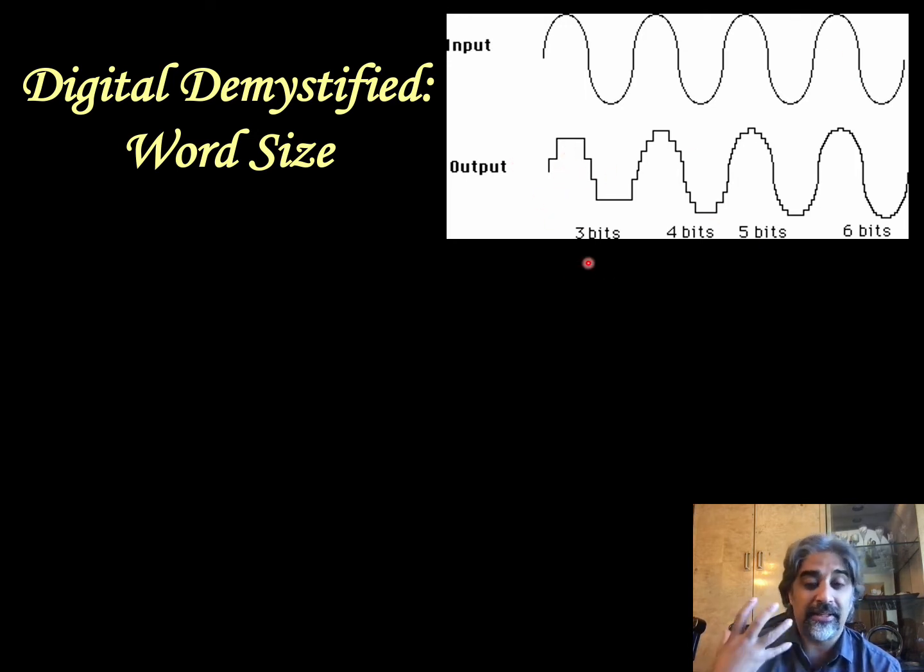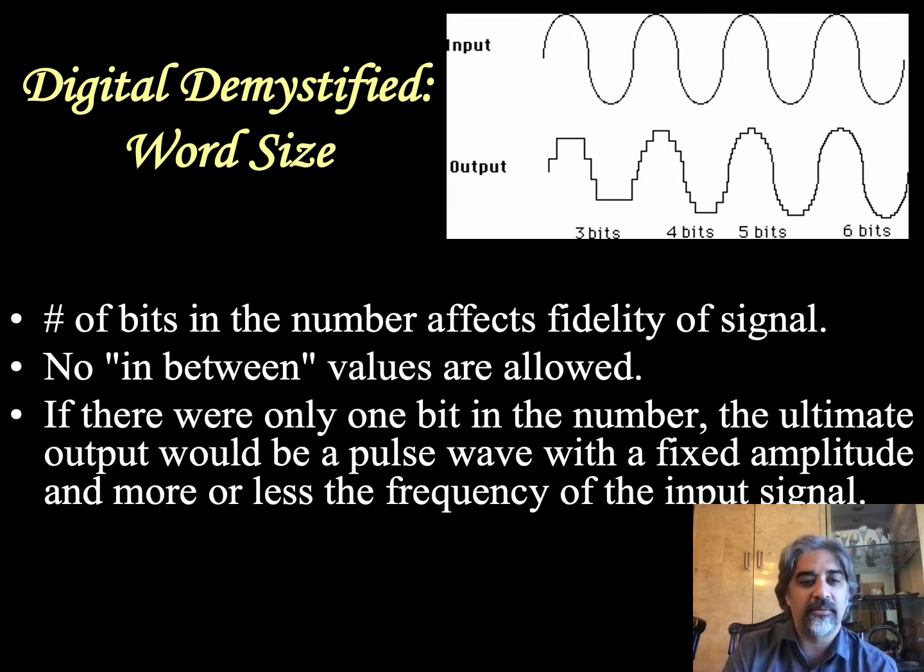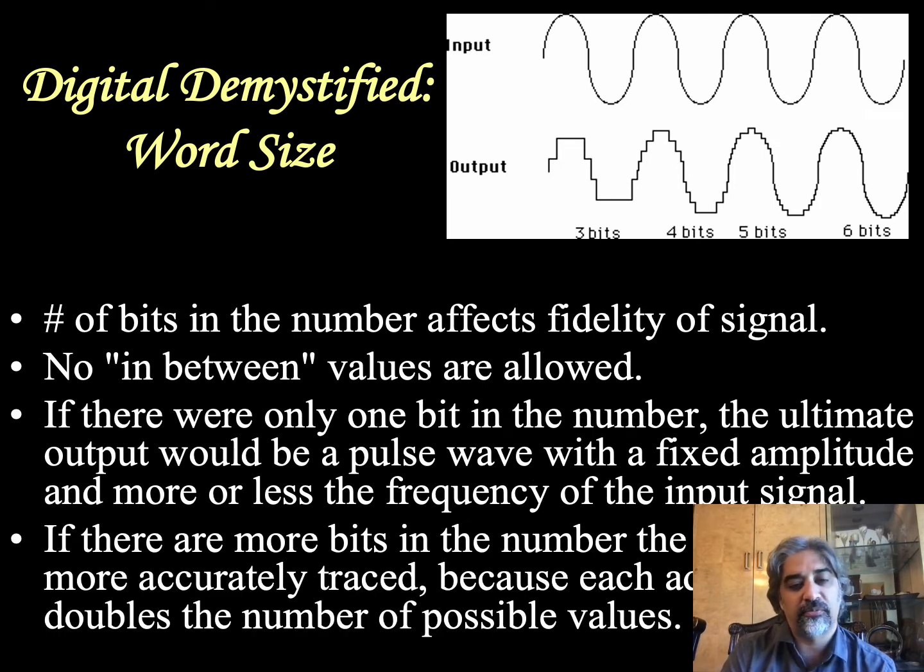It's been basically pixelated. So the more bits you have, the less pixelated it looks, just like a photo looks very pixelated when it's low resolution. So we want as high a resolution as possible to have the best representation of the analog waveform that's being converted into digital.